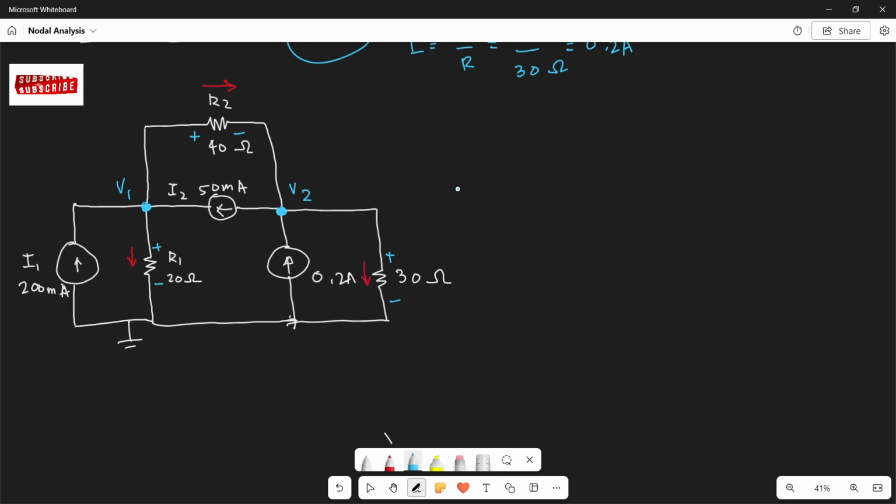What we're going to do next is apply KCL at all nodes except the reference node. Let's say KCL at node V1. KCL says the sum of all the currents going into the node is equal to the sum of the currents going out of the node.